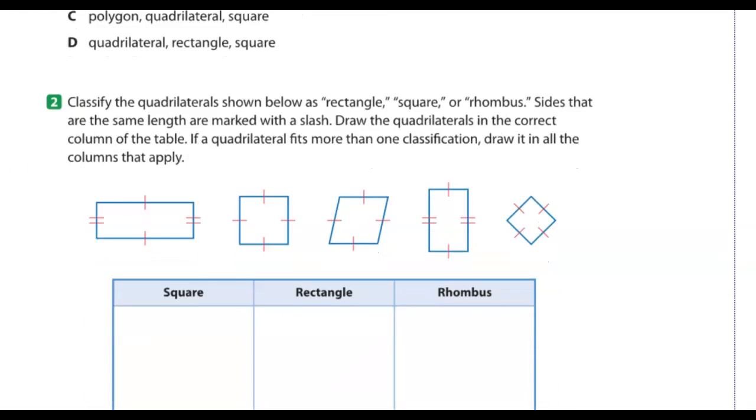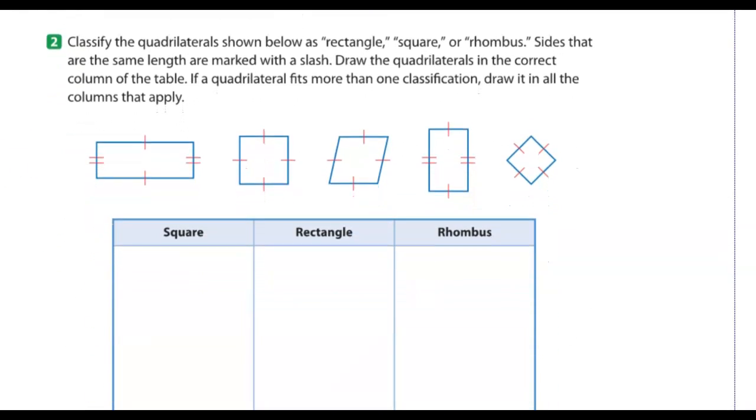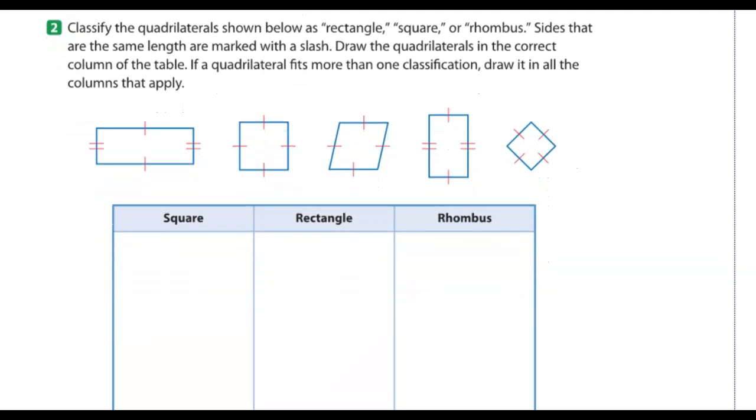Let's look at number 2. Classify the quadrilaterals shown below as rectangle, square, or rhombus. Sides that are the same length are marked with a slash. Draw a quadrilateral in the correct column of the table. If a quadrilateral fits more than one classification, draw it in all the columns that apply.